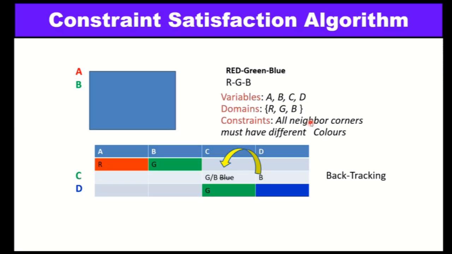So we have to resolve by going ahead and then looking back. That's why it is backtracking. So we assign color first to D and then we go for C. This is how we can resolve this problem. We are going ahead and then looking back.